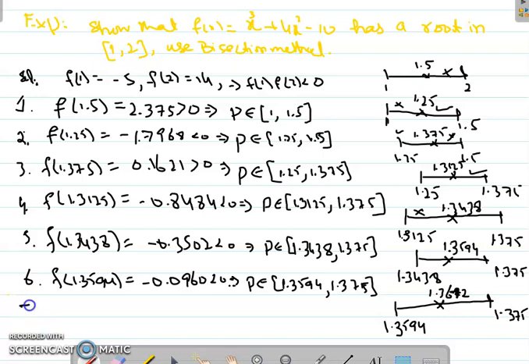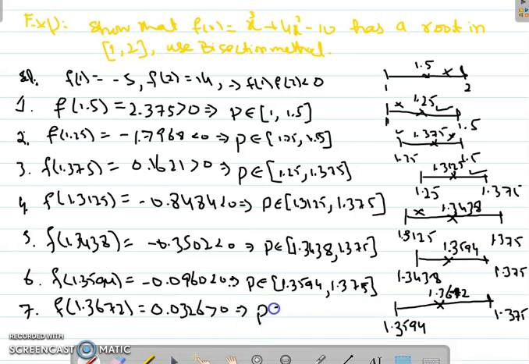And for the seventh iteration we will check this value 1.3672 in the function f, and we will get 0.0326, which is greater than 0.